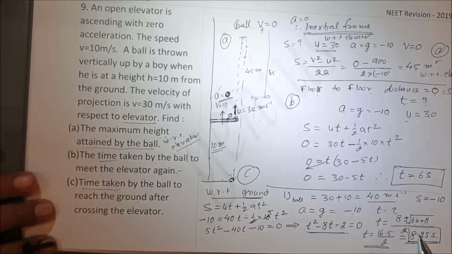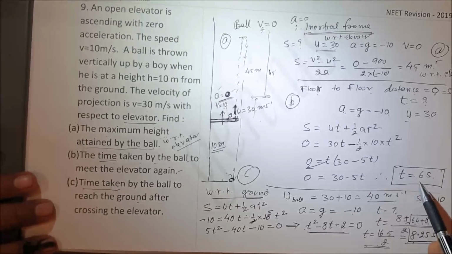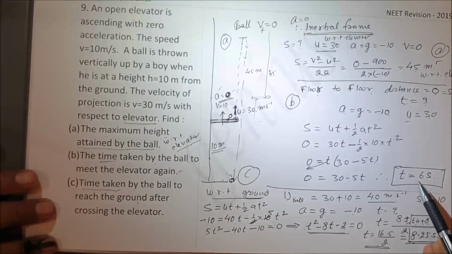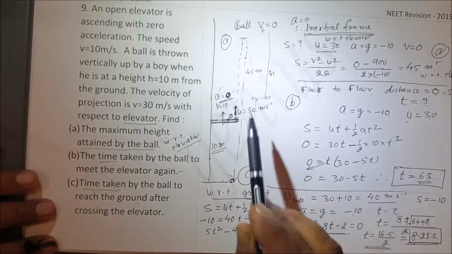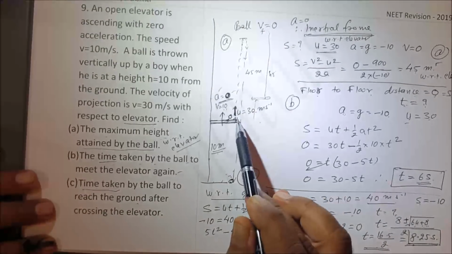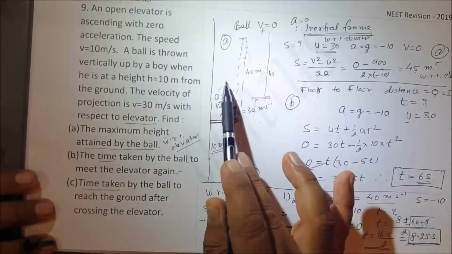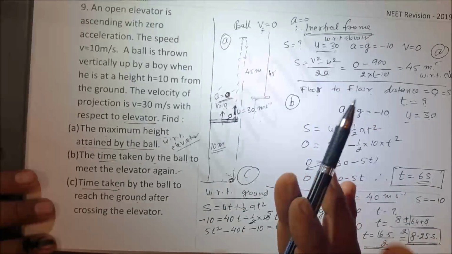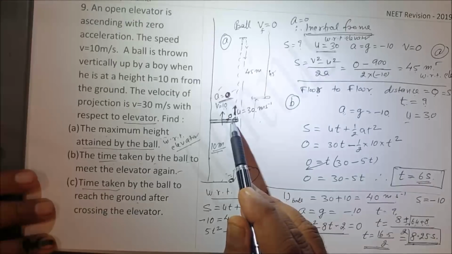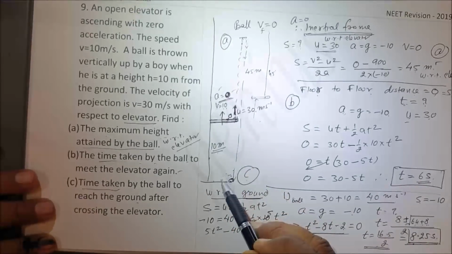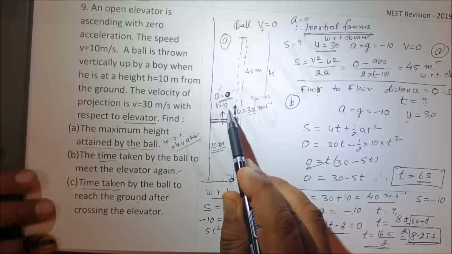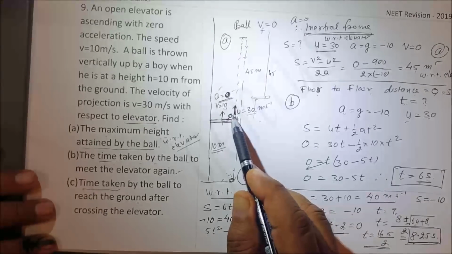Remember how much time it took when it came back to the platform: 6 seconds. But when it comes back to the ground, wherever the platform is going, we are not concerned. It has left the platform with velocity with respect to ground 30 plus 10, 40 was the velocity of the ball.